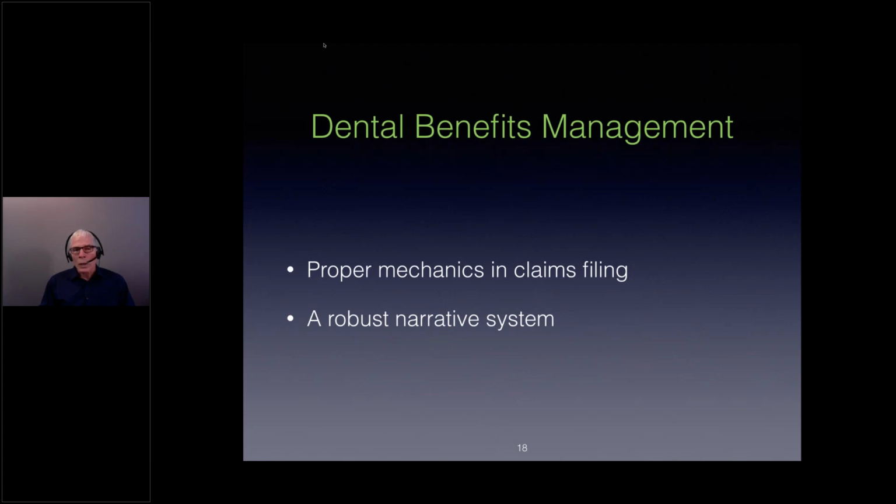So what goes out with the initial claim, the language and the narrative that goes out with the initial claim, and particularly with about half a dozen codes that dental benefit companies tend to be very sensitive about. If that information is not properly sent with the initial claim, then you are in a much more difficult situation if you need to make secondary efforts later in order to get the claim paid.